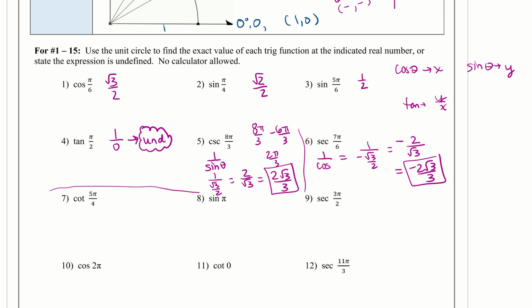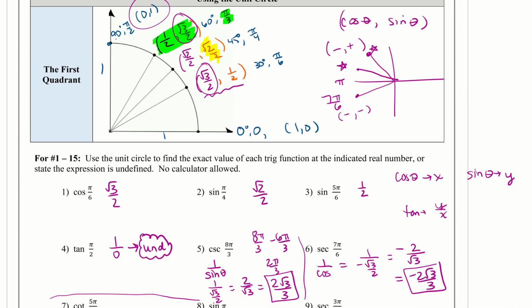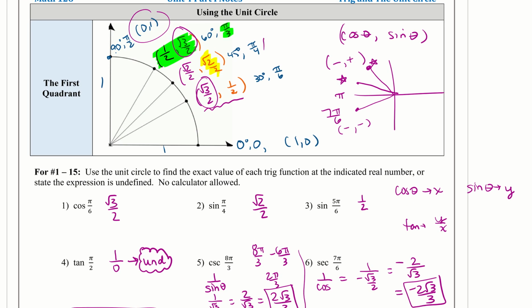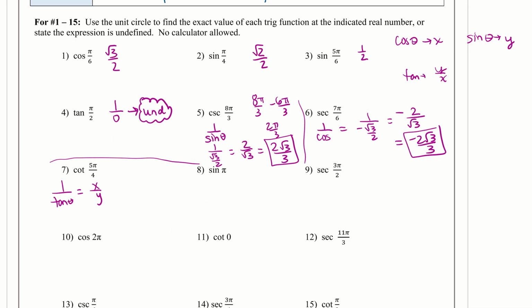Cotangent of 5 pi over 4 is the reciprocal of the tangent. Or we could think of it as x over y instead of y over x. Now it's a pi over 4 angle, so we will be using the ratios from pi over 4. 5 pi over 4, if we think about where that is, and I tend to draw a lot of sketches. Again, here's pi, which would be 4 pi over 4. 5 pi over 4 would be here.